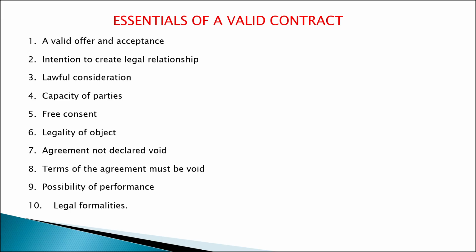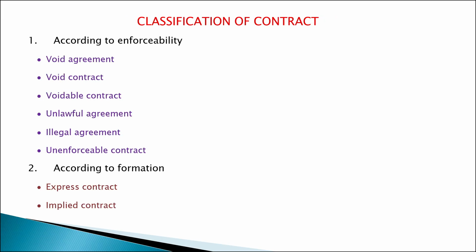So next we have to see the classification of contract. The classification is divided into three categories: according to enforceability, according to formation, and according to performance. Under enforceability, it is classified into six categories: void agreement, void contract, voidable contract, unlawful agreement, illegal agreement, and unenforceable contract.